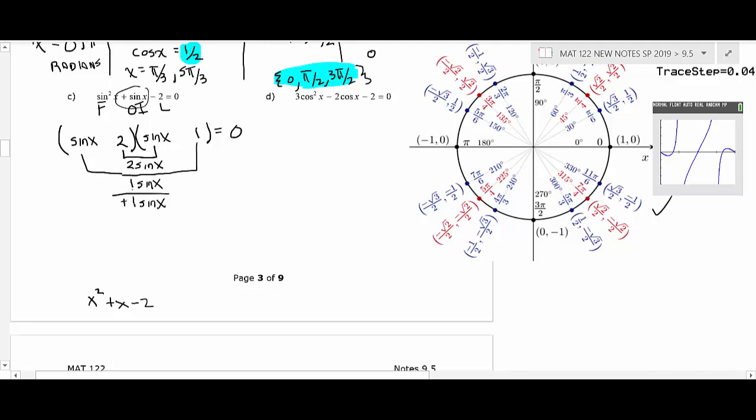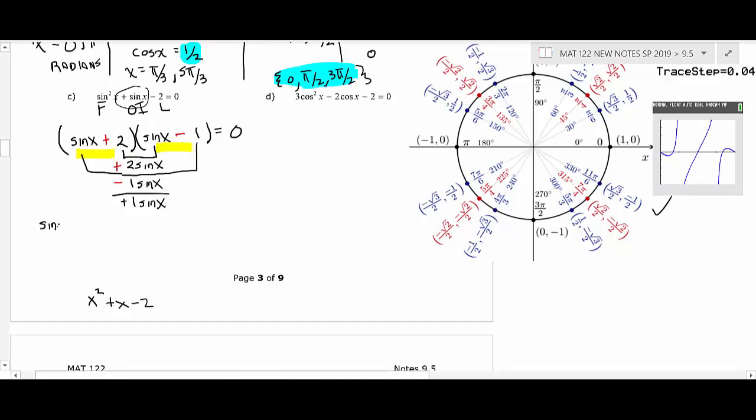So the way you make 2 and 1 add up to positive 1 is to have a positive there and a minus there. 2 minus 1 would be 1. So that means you get a plus sign there and a minus sign there. So every time you factor something, again, multiply it out, at least in your head, to make sure you're correct. Then, same process, you're going to set each individual factor equal to 0 and solve.